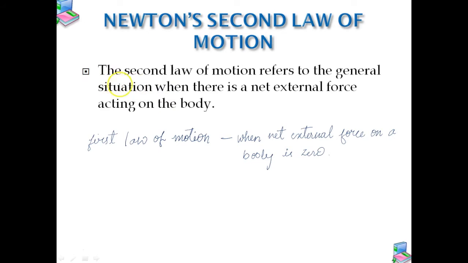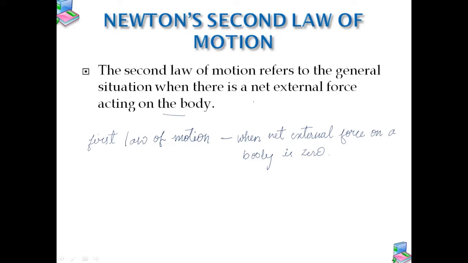Whereas the second law of motion refers to the general situation when there is a net external force acting on the body. So, when there is a net external force, there is also acceleration of the body. How that acceleration and external force are related, how those two are related, that we are going to see in the second law of motion.